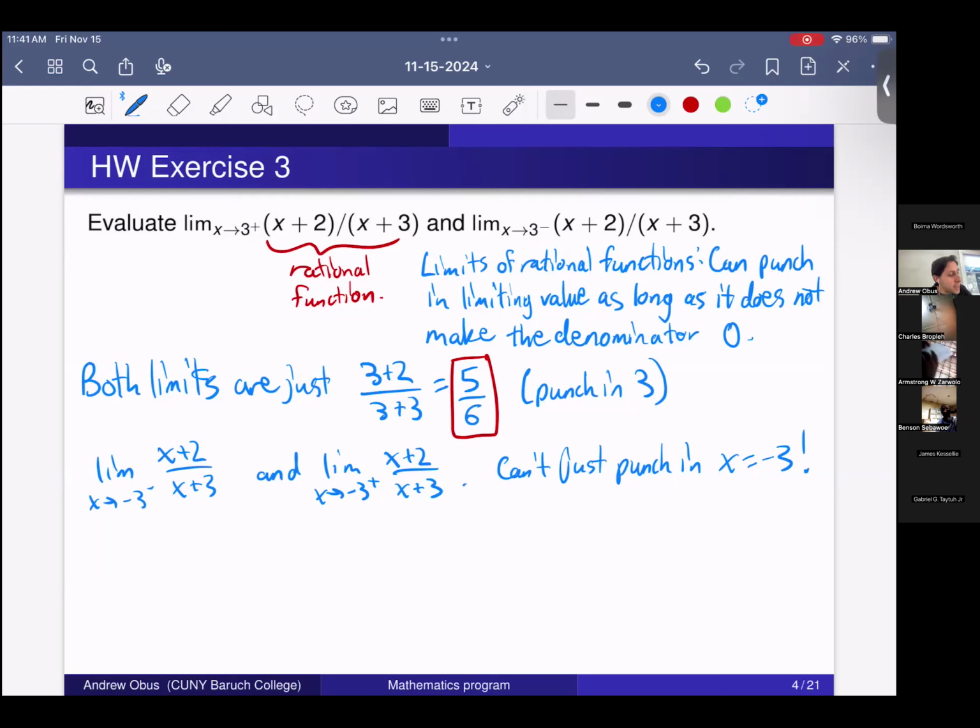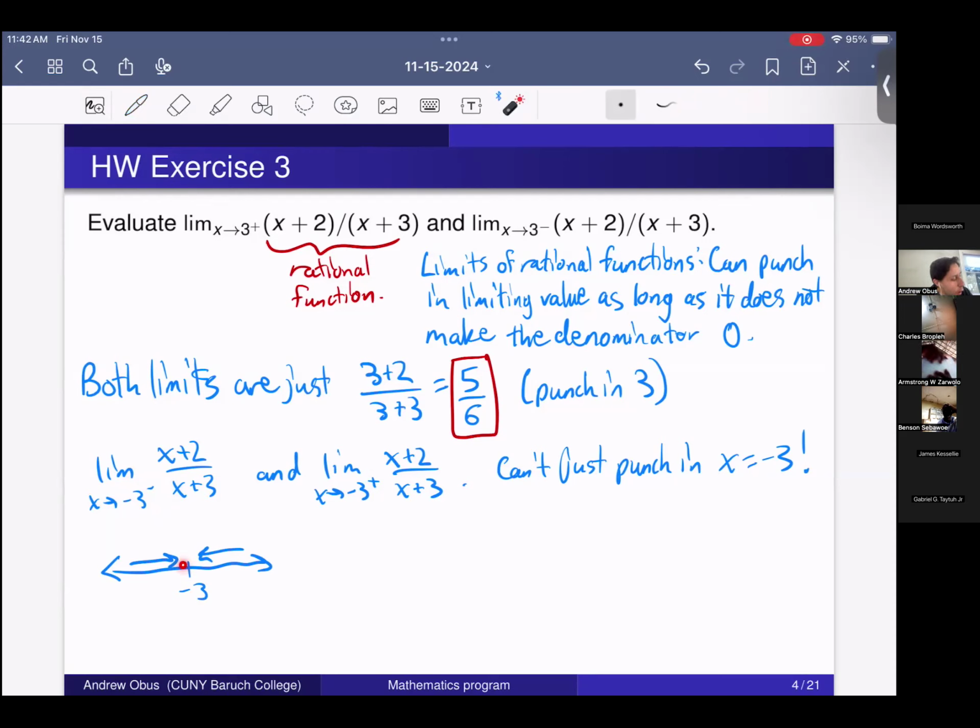So the question is, for this limit, what we're really saying, what's the limit as x approaches -3 from the negative side? Let me just draw a number line. So if here's -3, this limit's coming from this side, the other limit is coming from this side, right? Okay, and so the question is, what happens when we approach -3 from the negative side?